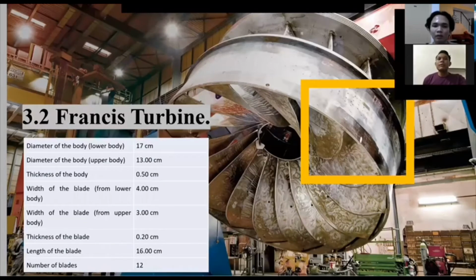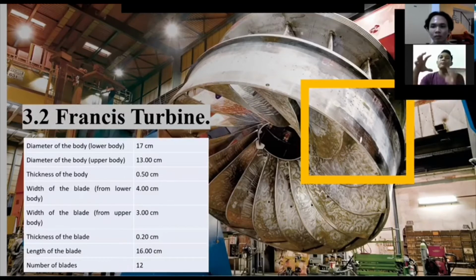For the Francis turbine, the runner can be split into two parts, which are the lower half and the upper part. The lower part is constructed of small buckets. It uses the impulse from water to rotate the turbine. The upper part of the Francis turbine uses the reaction force of water flowing through it.